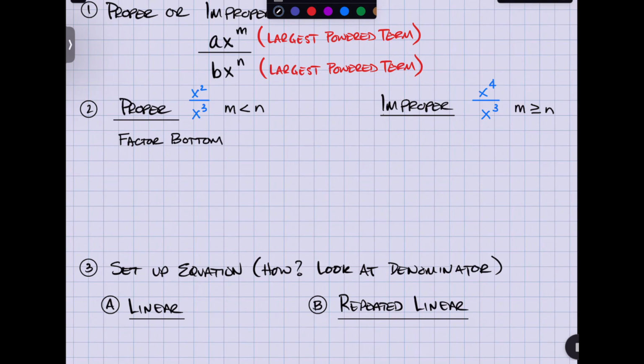With the improper, we're going to go ahead and use long division to create a mixed fraction.